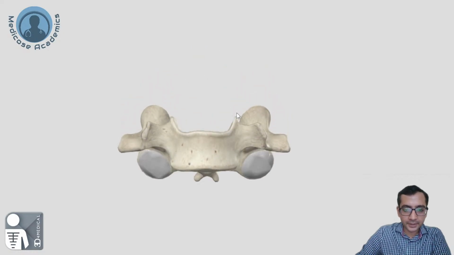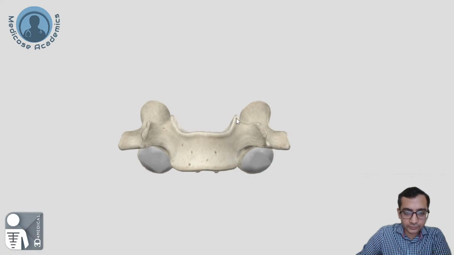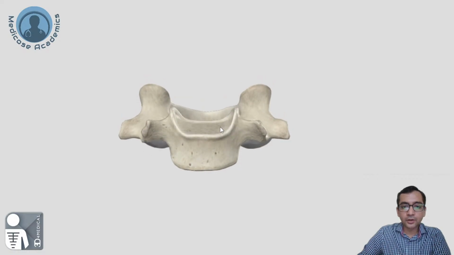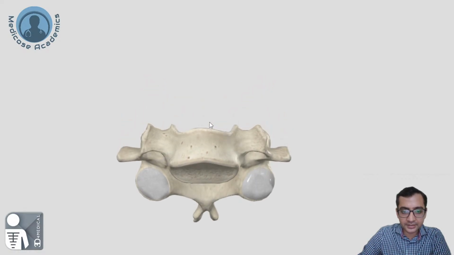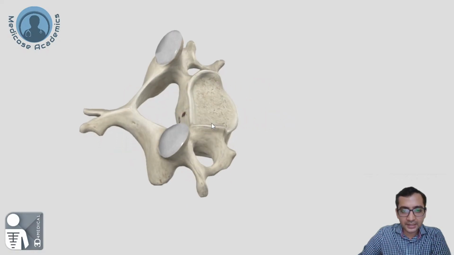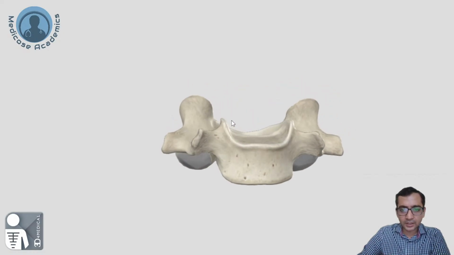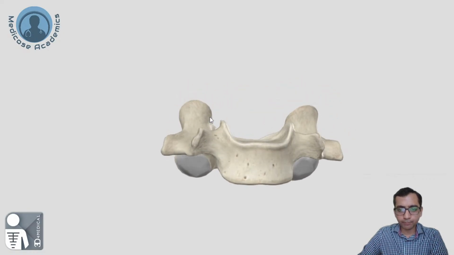If we look here, transversely it is concave. The lateral edges are raised. The center point is dipped. So it is concave when we're looking at the anterior surface. And when we look at the other surface, it is roughly convex to beveled.